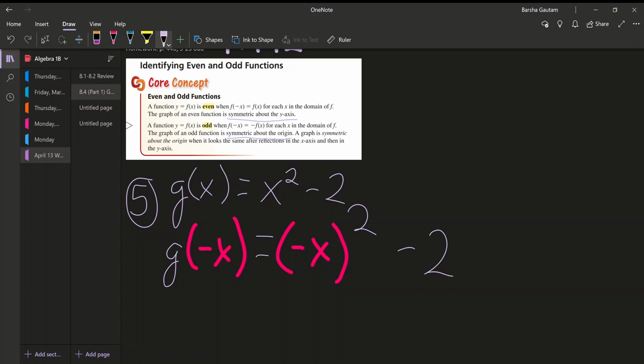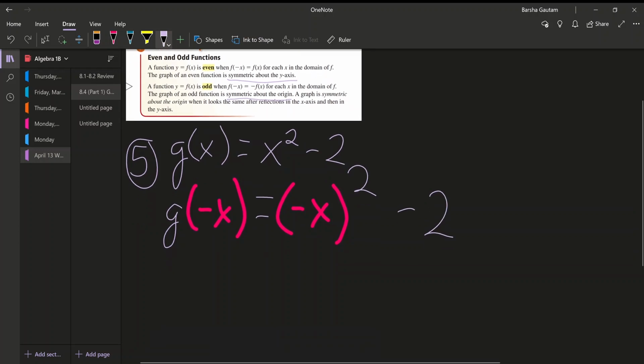Minus 2. All right. So negative x squared is going to be what? Is it negative x squared? Not quite. Remember, this 2 applies to this x right here and this negative, which is, we can assume, a negative 1, right?